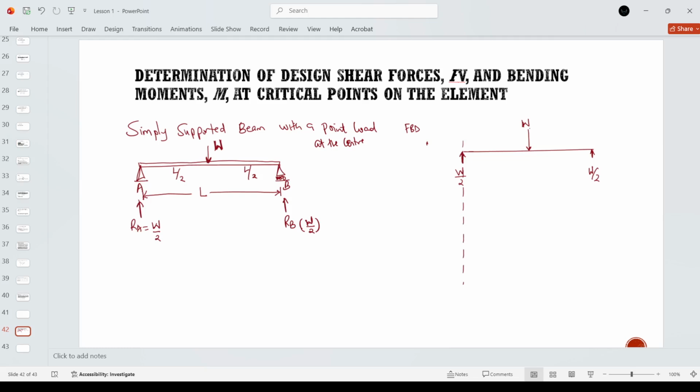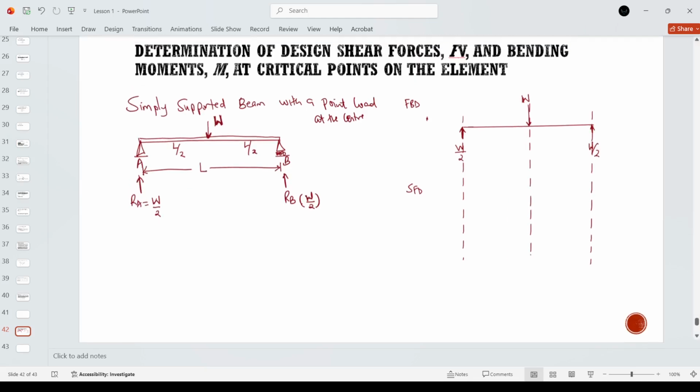Okay. So what about our shear force diagram? It will be in this manner.